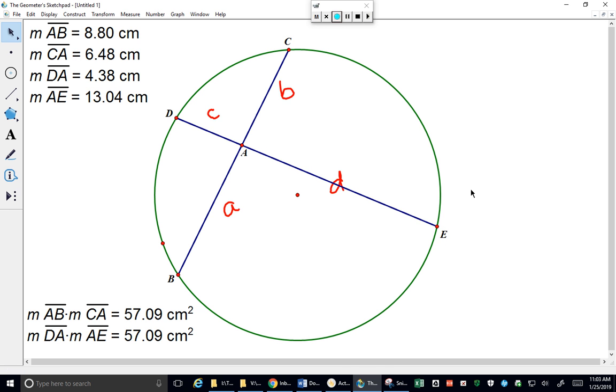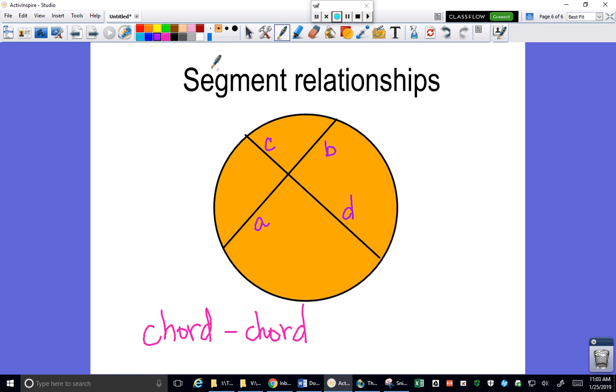So that's one of our properties when I have a chord multiplied by a chord. This length times that length, so A times B, continuing down, this segment of my chord times that segment is equal to the product of the other two. This portion times that portion.